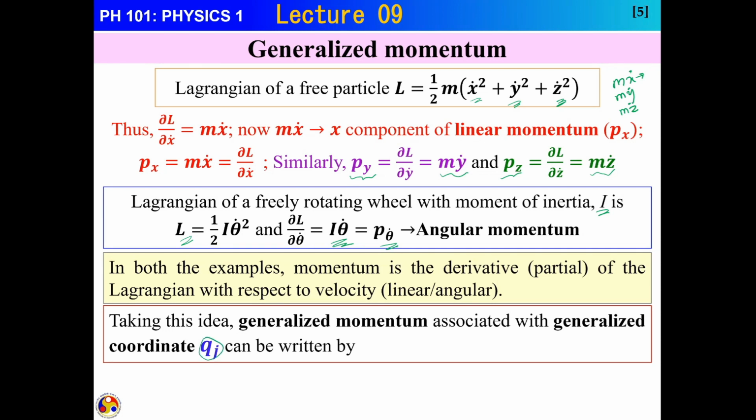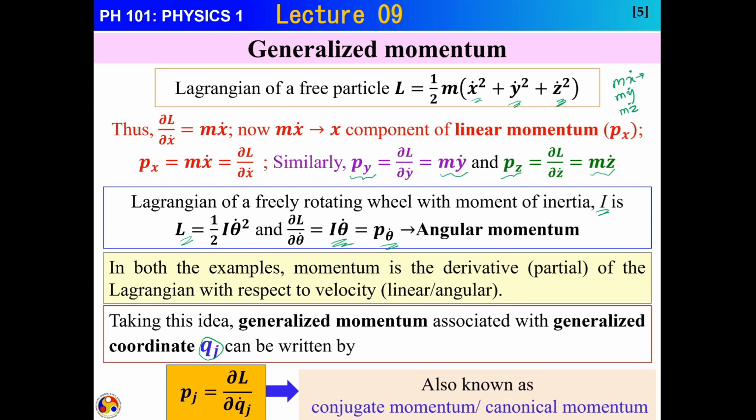We can write it in the form of pj is equal to partial derivative of Lagrangian with respect to q dot. And this momentum is also termed conjugate momentum or canonical momentum.